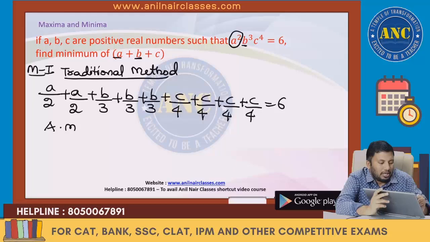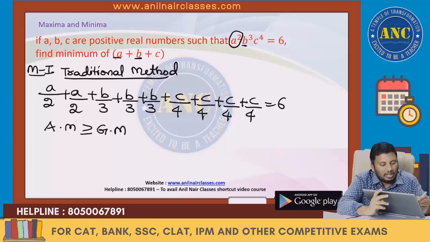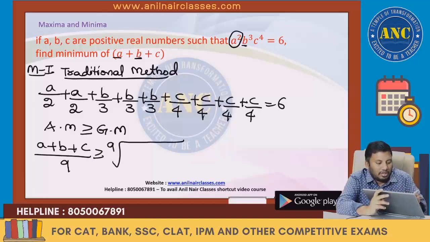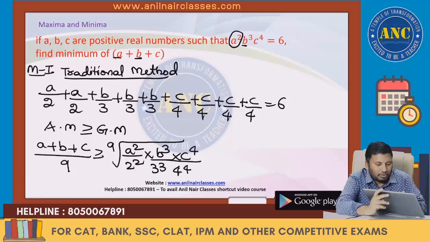Now apply AM greater than or equivalent to GM. Listen carefully, sir. This is nothing but A plus B plus C divided by how many terms? 2, 3, 4, 5, 9. By 9 greater than or equivalent to 9th root of, so if I multiply A square by 2 square into B cube by 3 cube into C power 4 by 4 power 4, am I right?